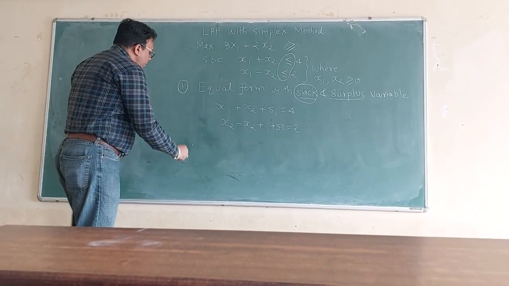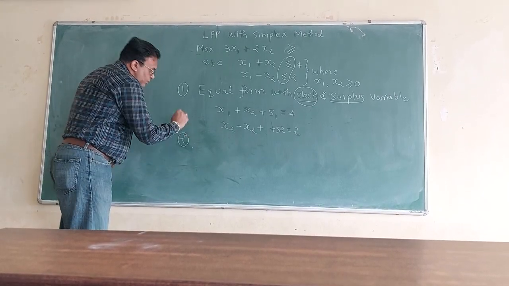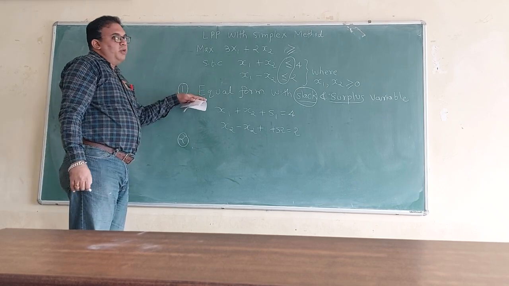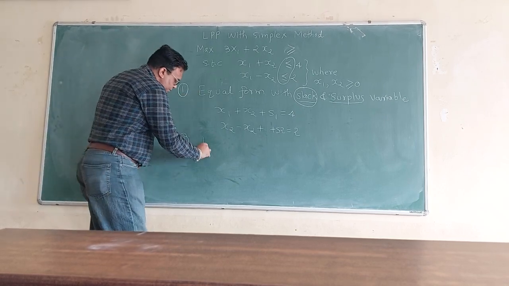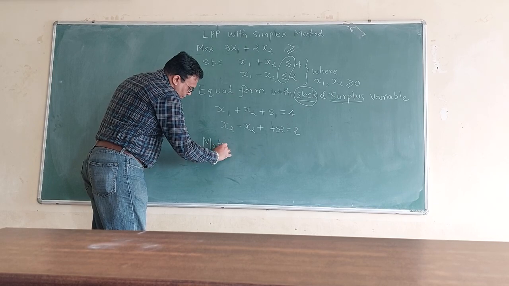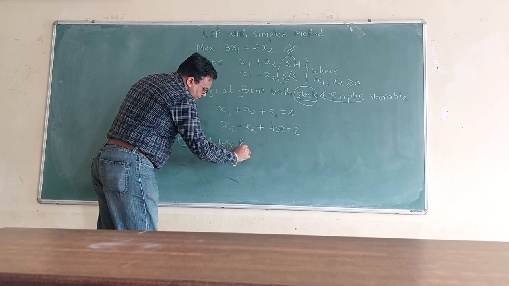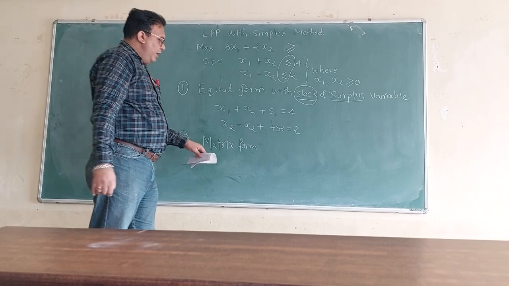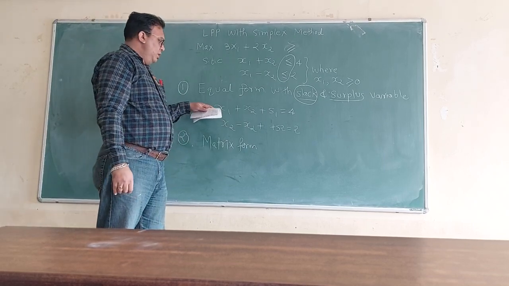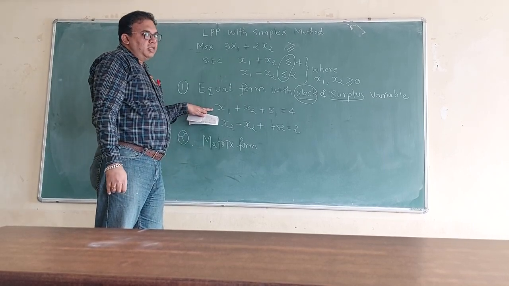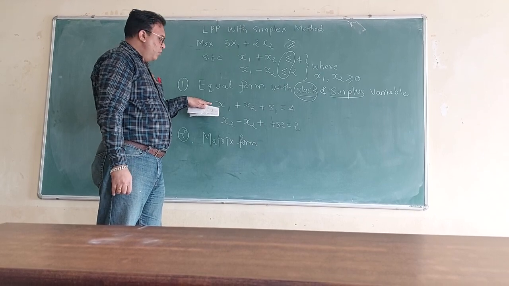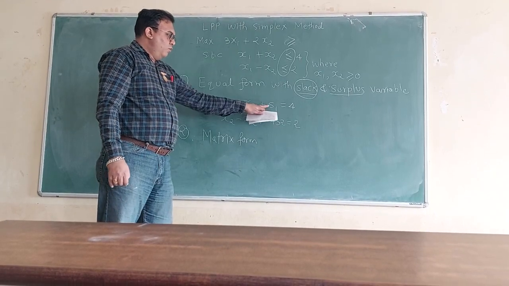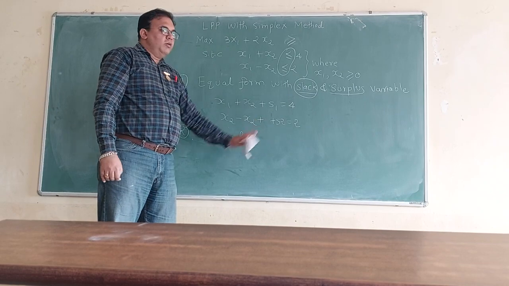Now step number 2. Equal form is converted into matrix form. How do we put the matrix form? With the help of this equal form. So what is the value of the coefficients near the x? That is 1, 1, 1, 1, 1 and 1.